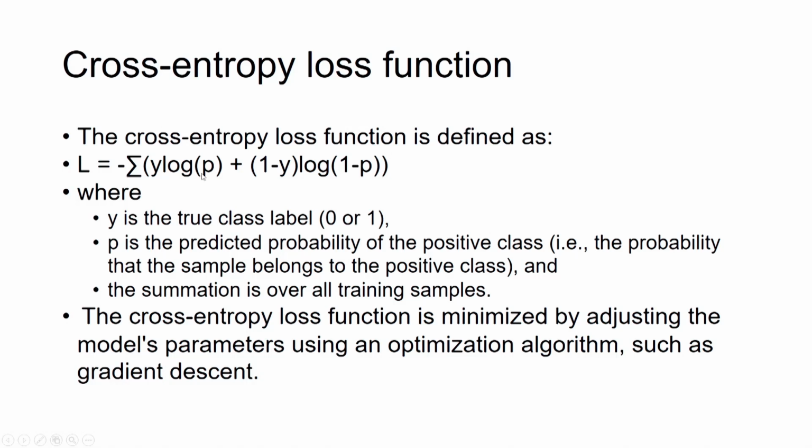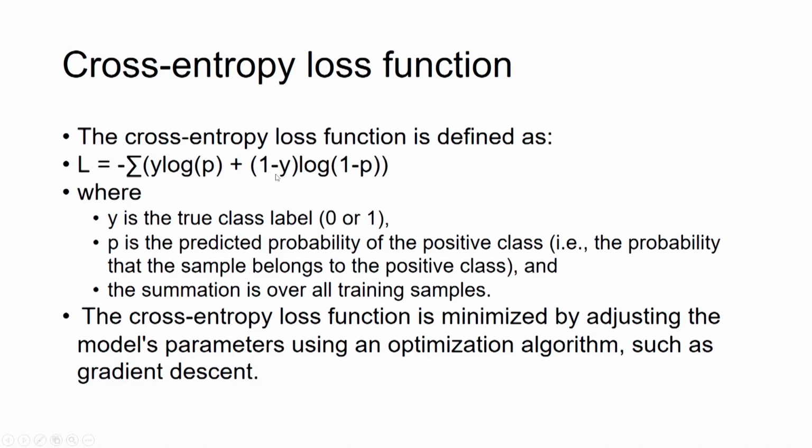The probability predicted by the logistic function corresponds to the positive class. So, this p is the predicted probability of the positive class and y is the true class. Your true class may be 0 or 1, negative or positive.